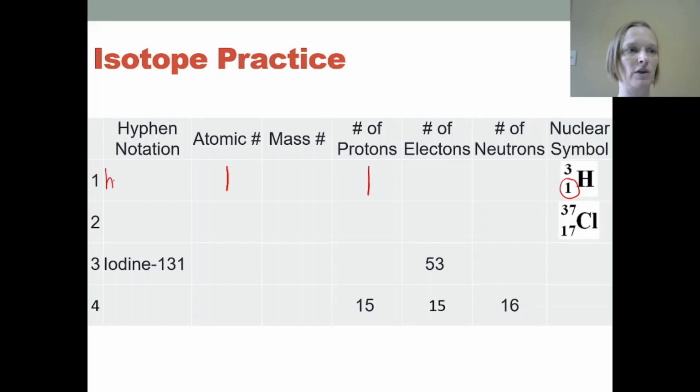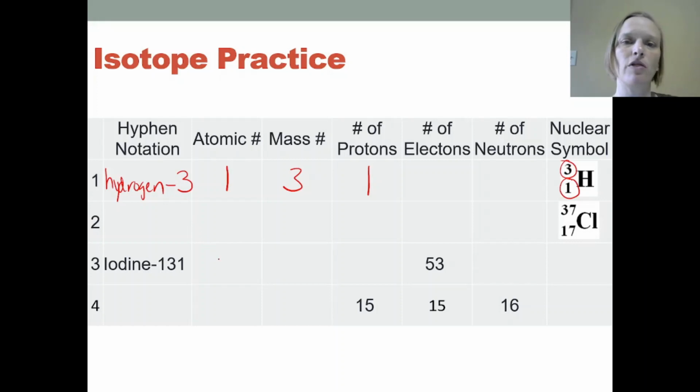Next, what other information am I given in my nuclear symbol? Well, this top left corner is the mass number. So I'm going to go ahead and write the mass number down here. And the mass number also appears in hyphen notation after the hyphen. So I can complete my hyphen notation here in this column.